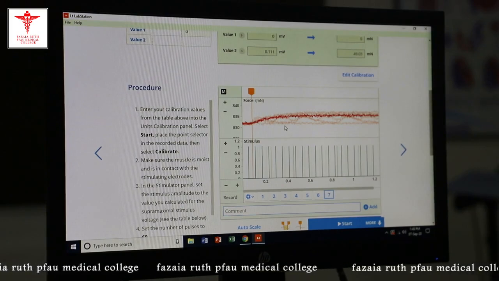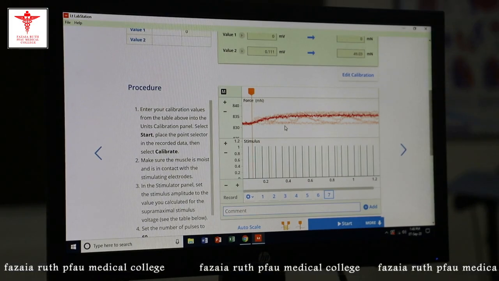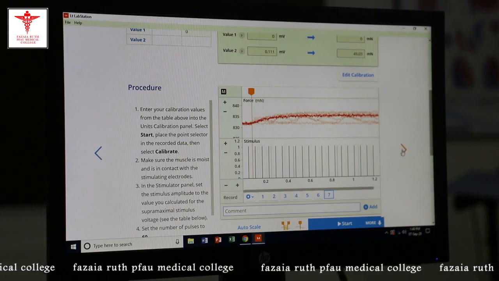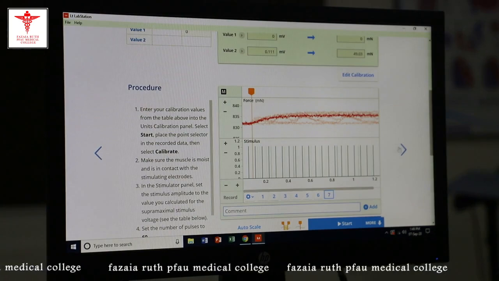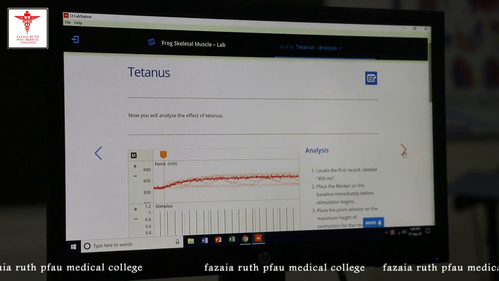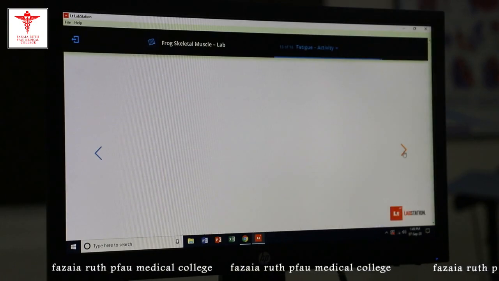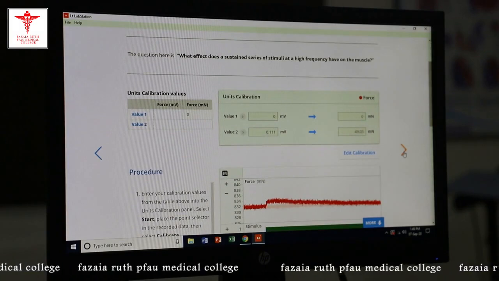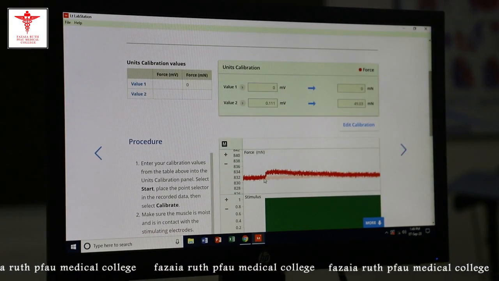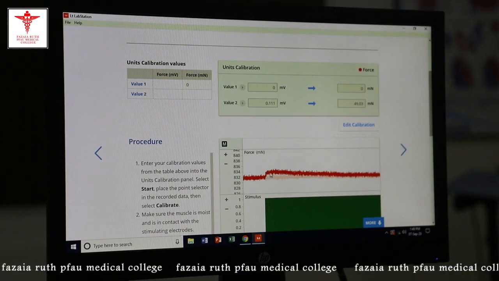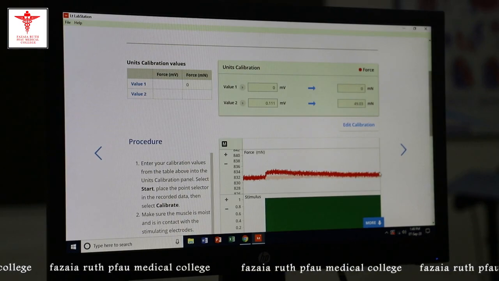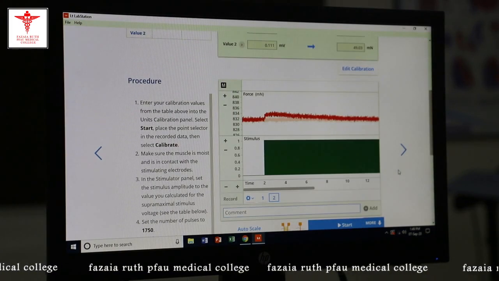All the contractions are being added up, and this is giving you a continuous muscle contraction like this graph. And eventually, with this kind of continuous contraction, the muscle will fatigue. If you see, from the baseline it goes up a little, and then finally with tetanus, it comes back to the baseline, meaning it is finally fatigued.